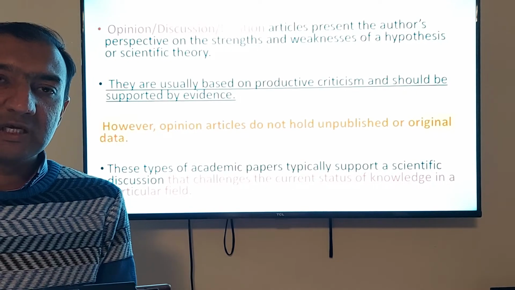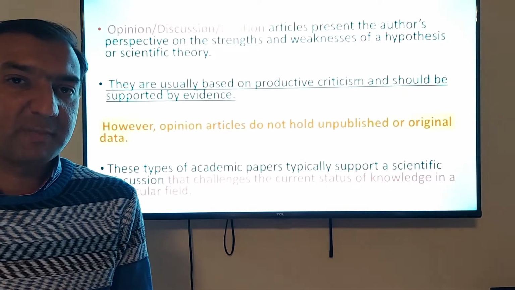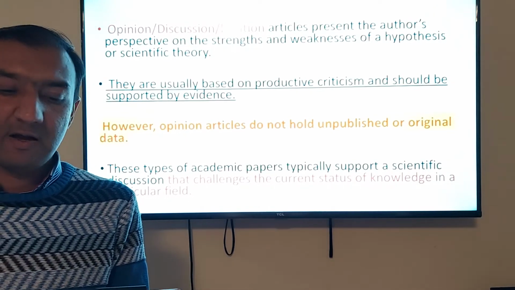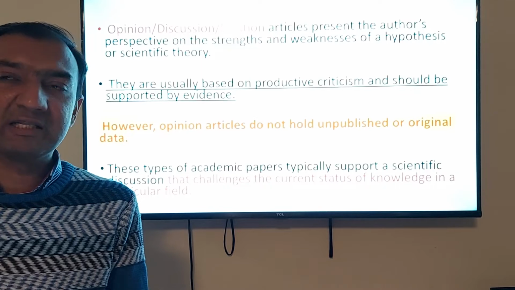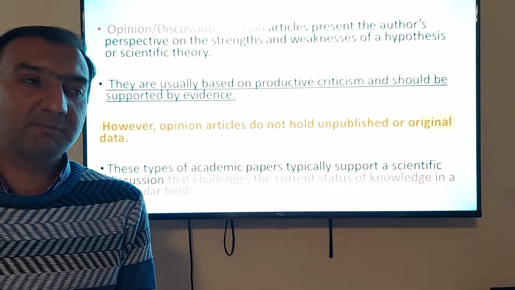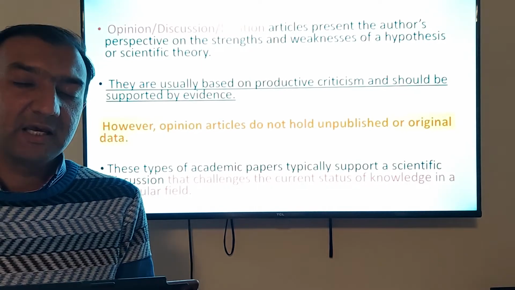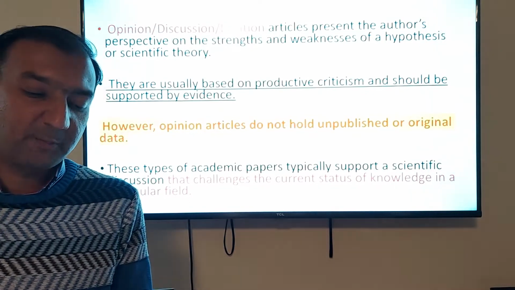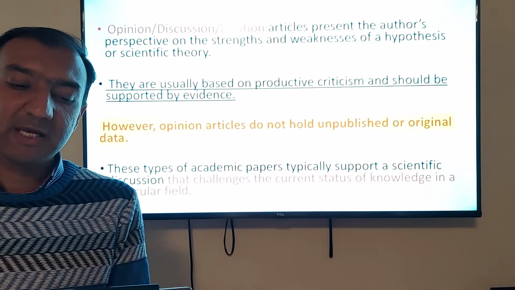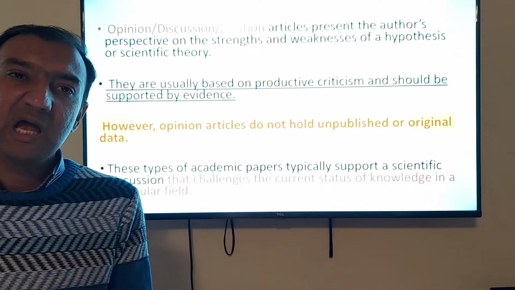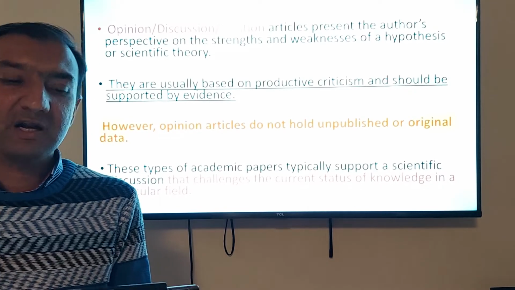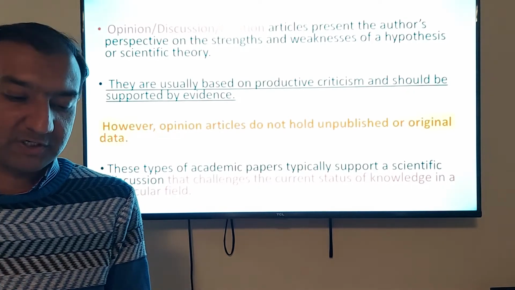So here the researchers take a topic, and based on some initial exploration or a strong rationale, they try to provide their opinion. Then they make a point whether they are for or against a particular piece of research.